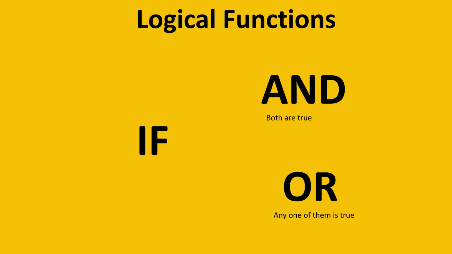So let's say if it's a dog or it has four legs, classify that as cattle. If the data has dog, that will be classified as cattle, or if the data says this object has four legs, that will also be classified as cattle.